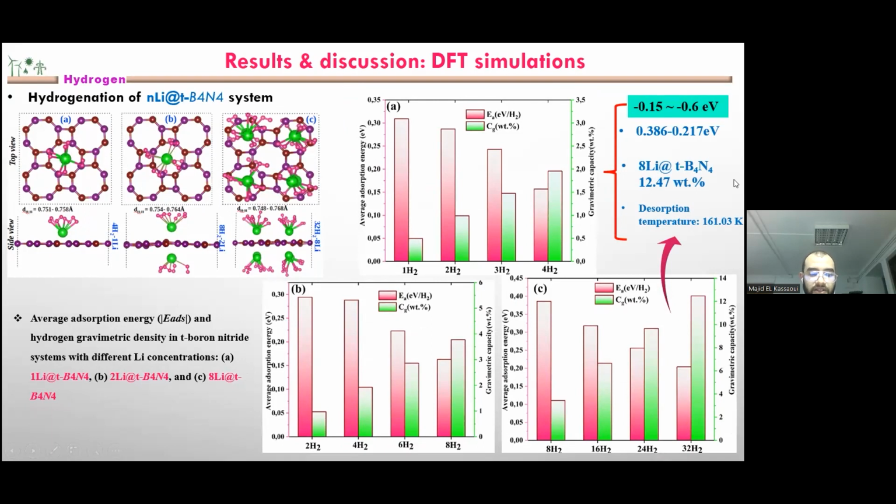Also, the gravimetric capacity reaches an excellent 12.80 percent. The maximum desorption temperature is equal to 161.03 Kelvin.